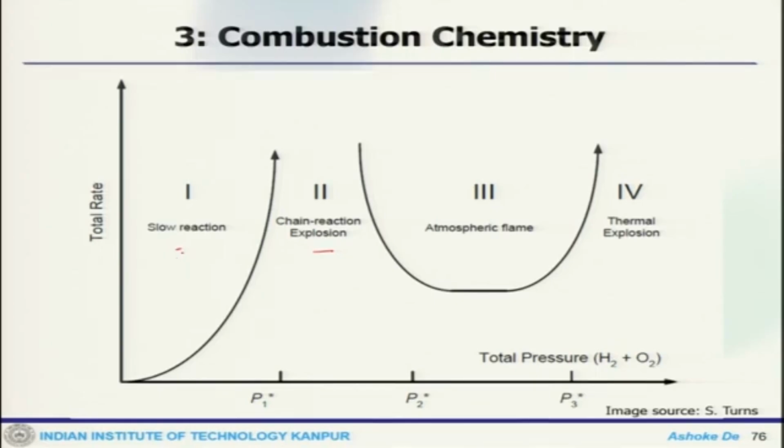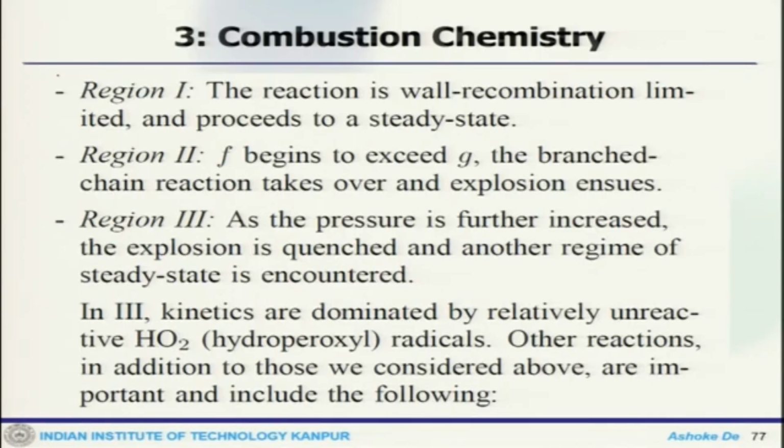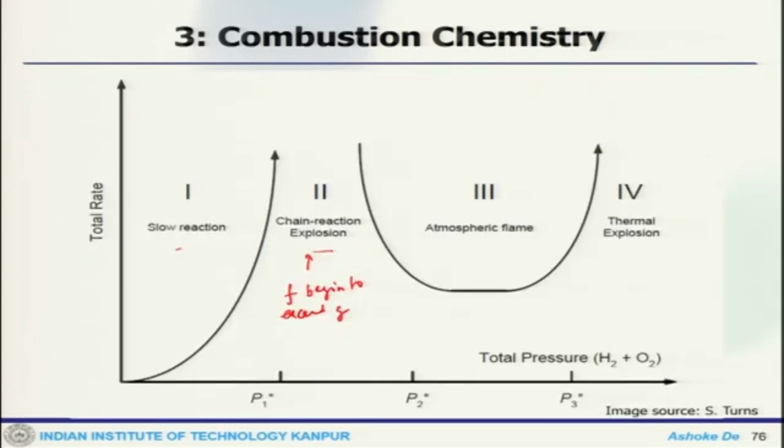In the second stage, F begins to exceed G, so the branched chain reaction takes over and explosion ensues. Now, in region 3, when the pressure is further increased, the explosion is quenched and another regime of steady state occurs.